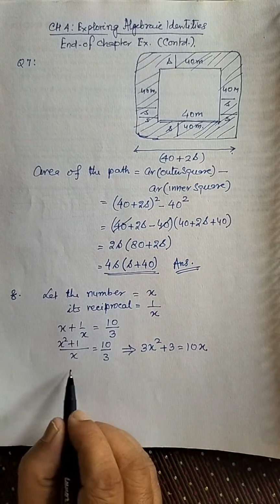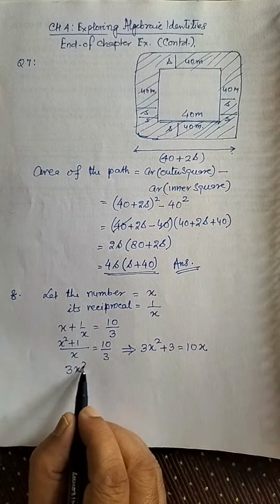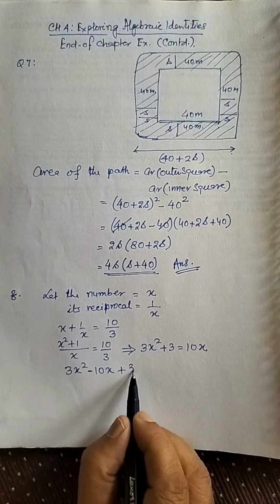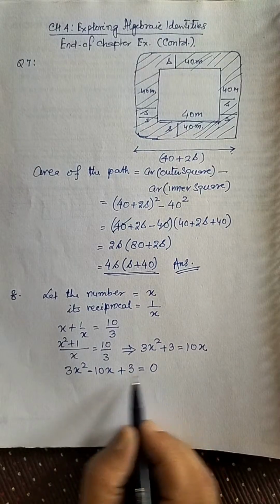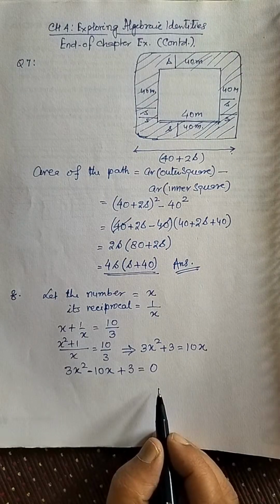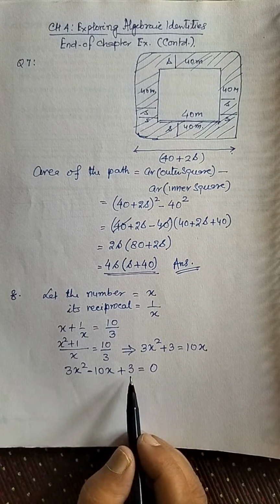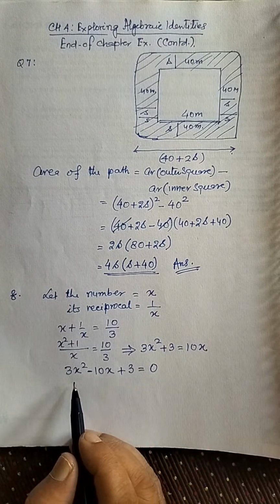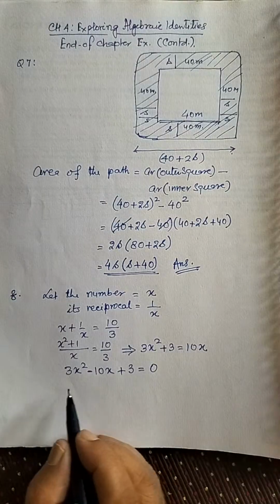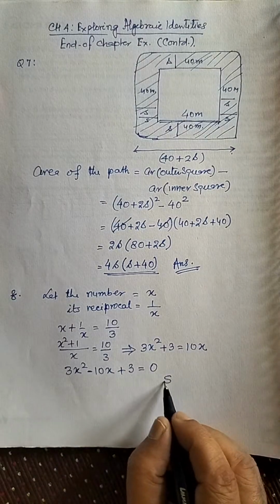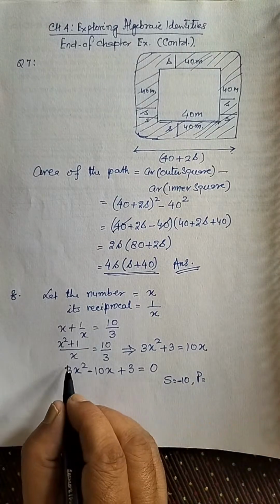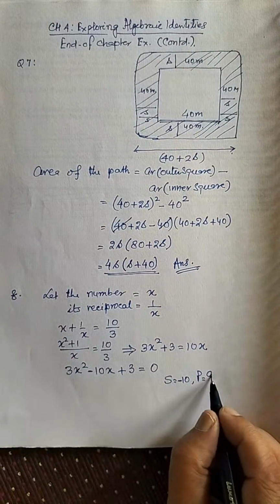Now rewriting it as 3x square minus 10x plus 3 equals 0. Now we have to factorize it to find the value of x. There is nothing common, so we will use the middle term splitting method. What is the sum here? Minus 10, and the product is 3 times 3, that is 9.